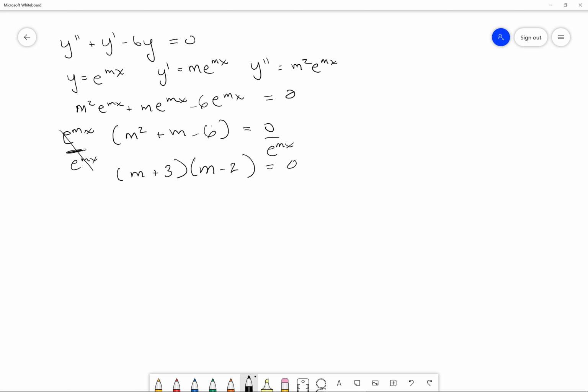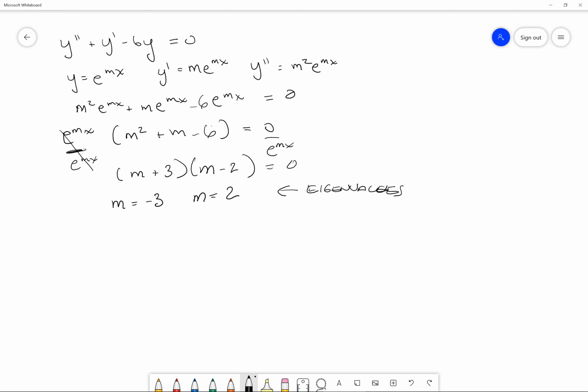So what are we going to do next? Well, next, basically what we found is that the eigenvalues are negative 3 and 2. These are our eigenvalues. We need to sub these eigenvalues back into the assumed form of the solution.